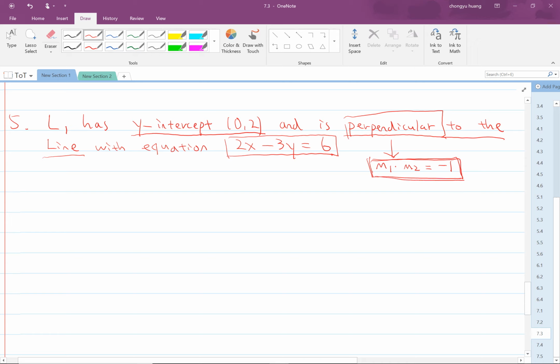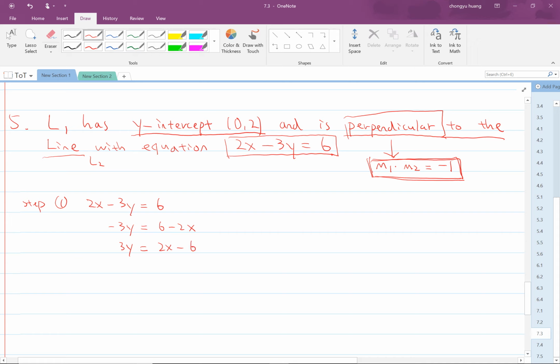So the first step, let me show you how to do it. You have to change the equation of L2 into slope-intercept form in order to find its slope. That's what I'm doing right now.